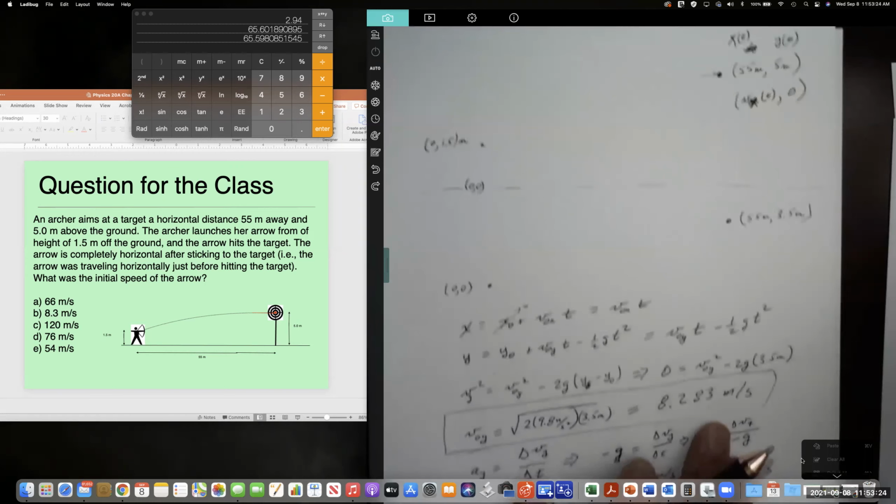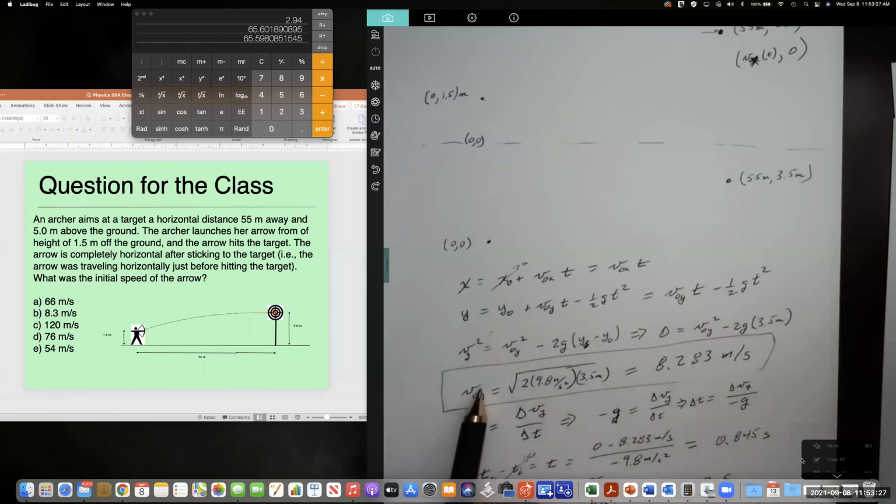So when I got a_y, if I did y final minus y initial, I would have had 5 minus 1.5, still 3.5. Instead, I did 3.5 minus 0. It still works out just fine, and you can do it as you like. Delta y still would have been 3.5. It's just convenient for me because I like to cross off as many variables as quickly as I can. Okay, so you see how those two problems are solved?